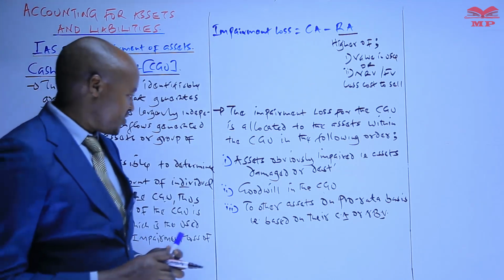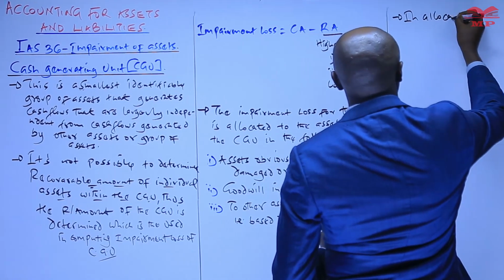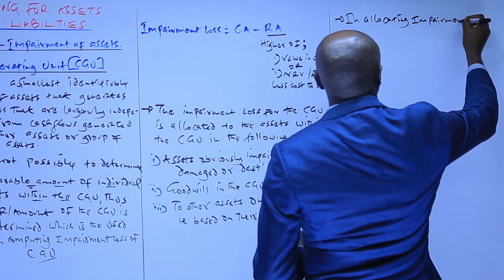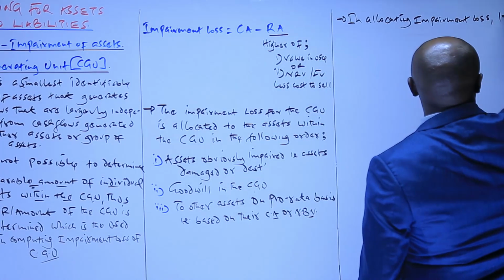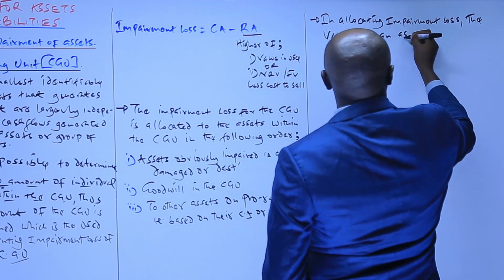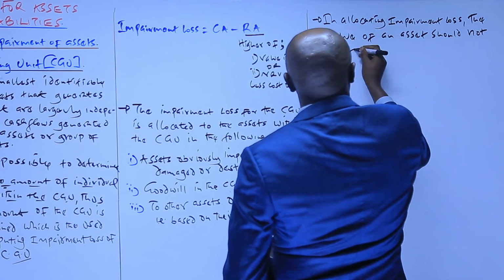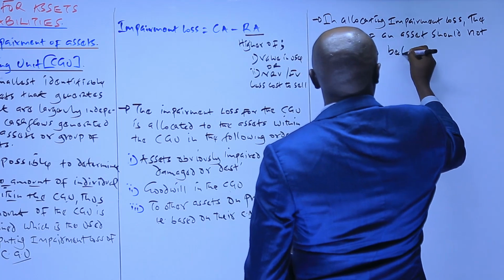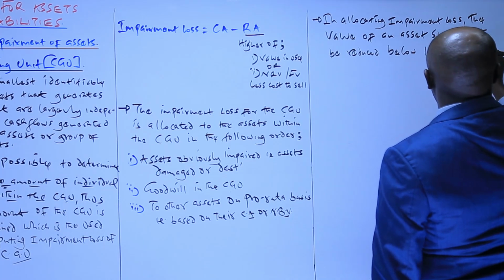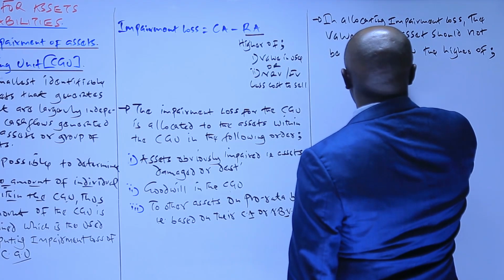So in allocating the impairment loss, the value of an asset should not be reduced below the higher of three values. Number one, zero.